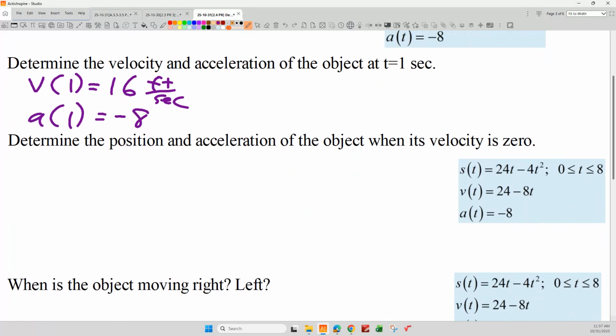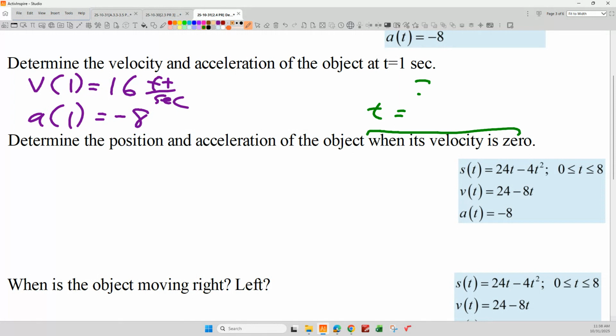Determine the position and acceleration of the object when its velocity is 0. How are you going to petition the math gods for this information? How do you know 3 seconds? Okay, right. So we need to know, first of all, when the velocity is 0, what time is that.